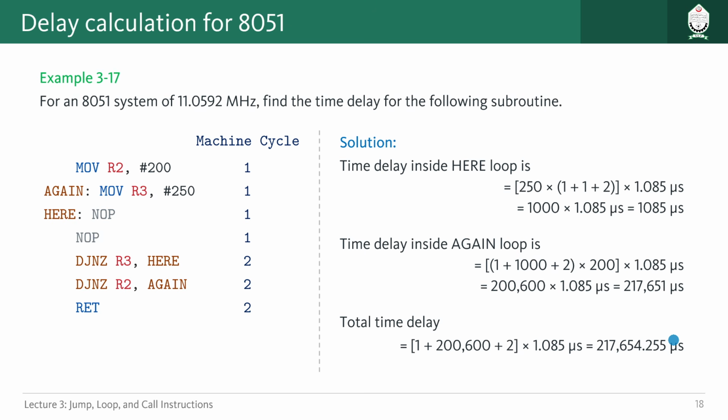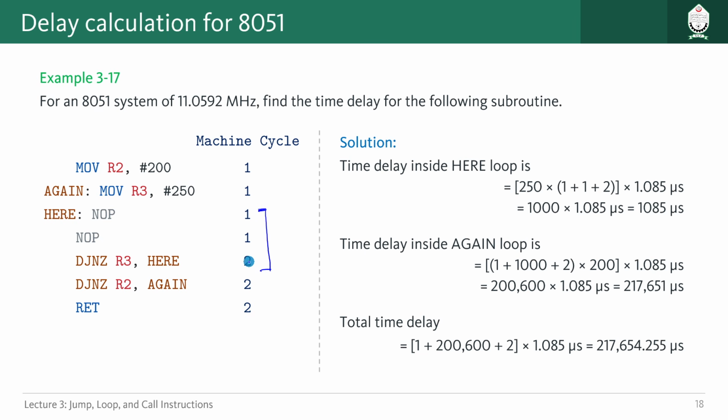Now next, one other problem, similar to the other ones, but here we have nested loops. So a loop inside a loop, how can we calculate that? We have to start from the inner loop, then we can move on to the outer one. The inner one is this one. We have to calculate the delay for this loop.